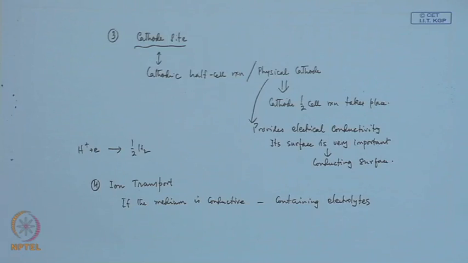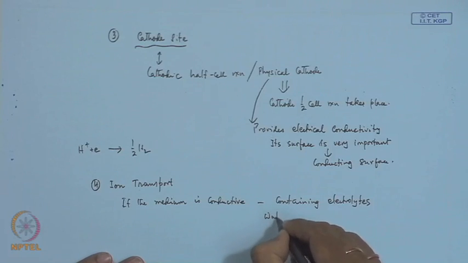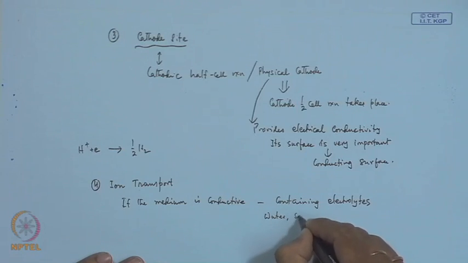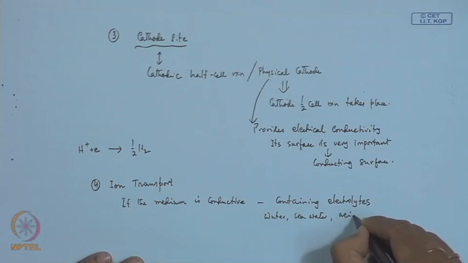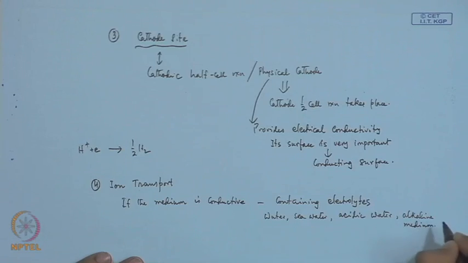In many cases, by environmental exposure I mean exposure of your material to an environment like water, maybe sea water, maybe acidic water, or maybe alkaline medium. This is very important.